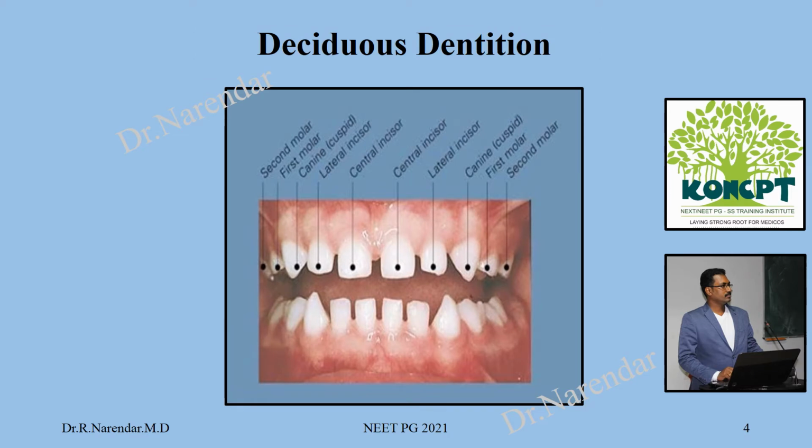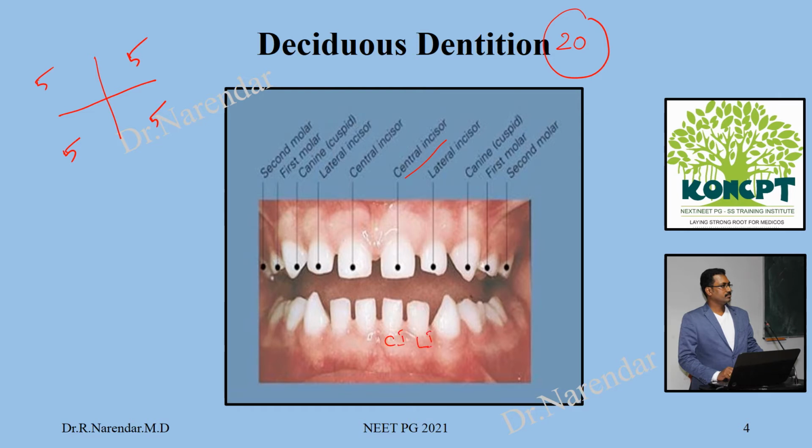Coming to deciduous dentition. In both deciduous and permanent dentition, it has been divided into 4 quadrants. In deciduous dentition, the total teeth are 20 in number, that is 5 in each quadrant. The medialmost tooth is the central incisor.